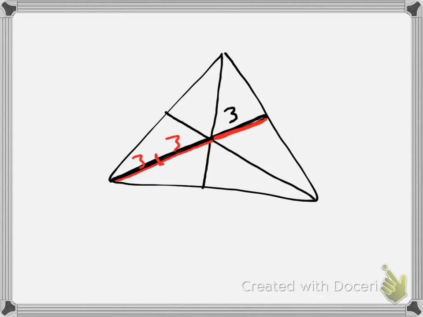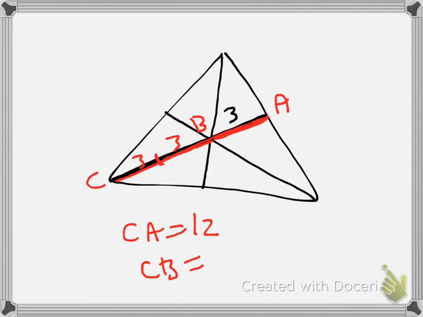So, for example, if this was A, B, and C, the question might say, if A to B is 3, what is C to A? Well, C to A is that whole distance, which would be 12. Or it could say, what is C to B? Well, C to B is 6.